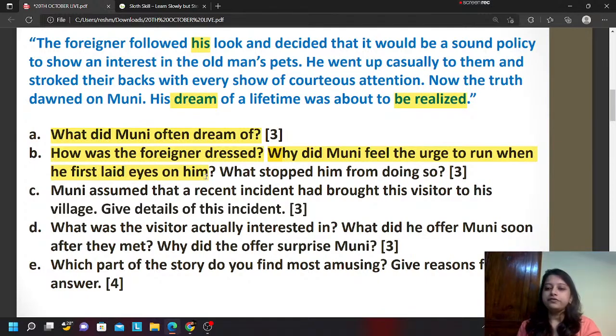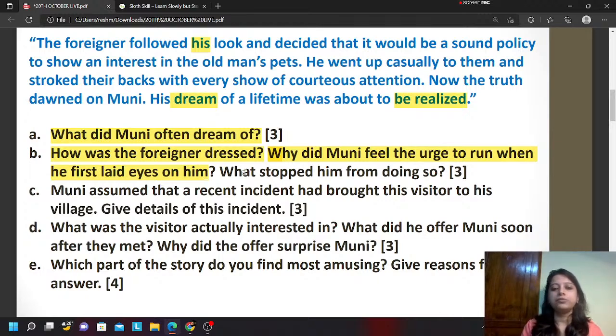So, why did Muni feel the urge to run when he first laid eyes on him? Of course, because those khaki clothes were generally worn by whom? By a policeman or by a soldier. So he thought, he did not know about all those styles of wearing khaki clothes, that he must be a policeman or a soldier. What stopped him from doing so? Try to answer the third part now.